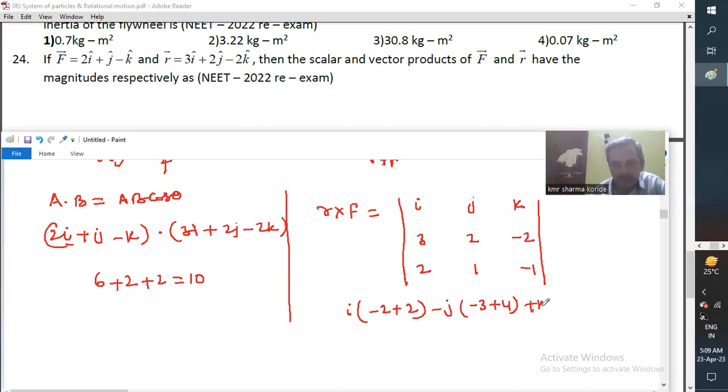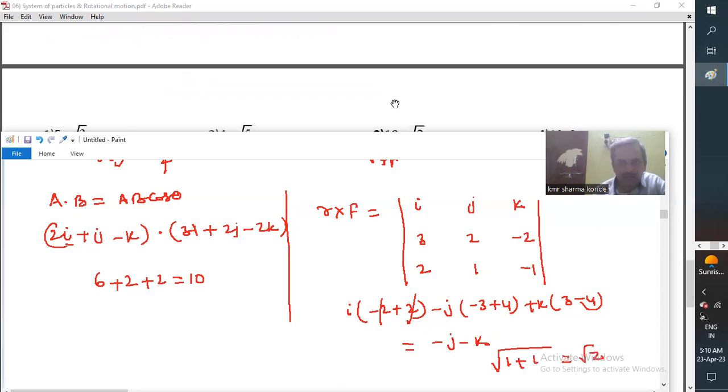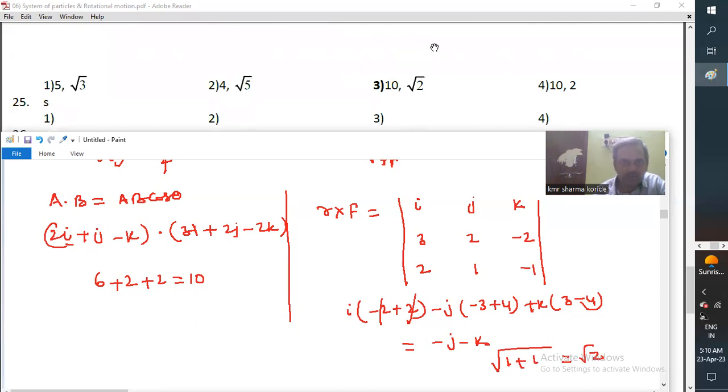There is one more minus, plus k into AD minus BC, so this is 3 minus 4, which is minus k. But this is in vector form. The process to find its magnitude is the square root of the sum of squares, 1 and 1, so the answer is root 2. So the dot product is 10 and the magnitude of the cross product is root 2, the third option.